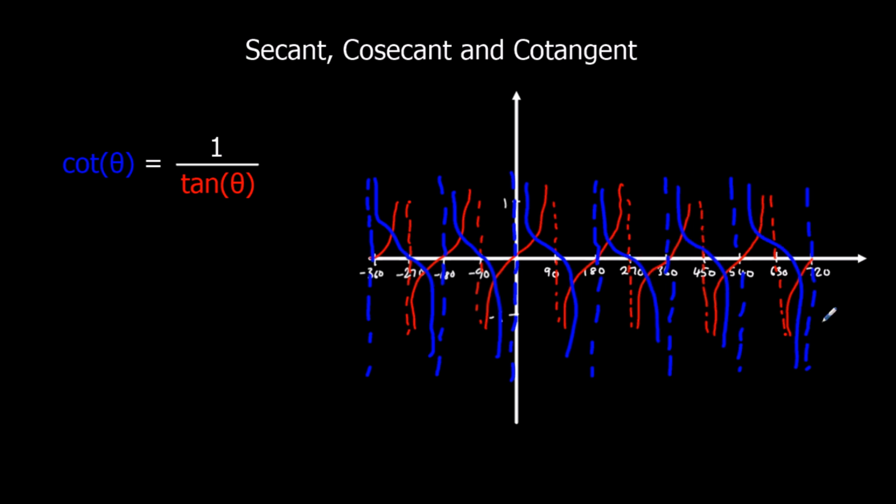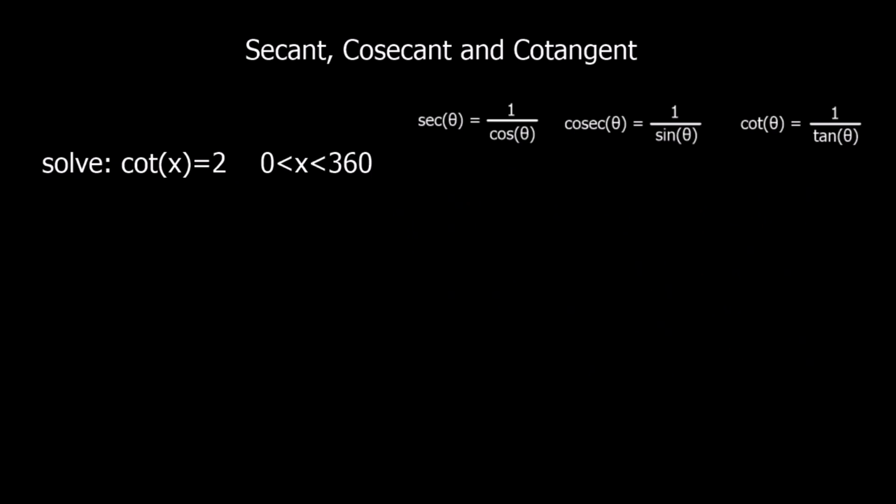Something like that. Okay, now we're going to look at solving some equations using these new trig functions. So we've got cot x equals 2, and we're going to solve that between 0 and 360. So again, we can't type cot into the calculator, so we're going to change it. We're going to change cot to tan.